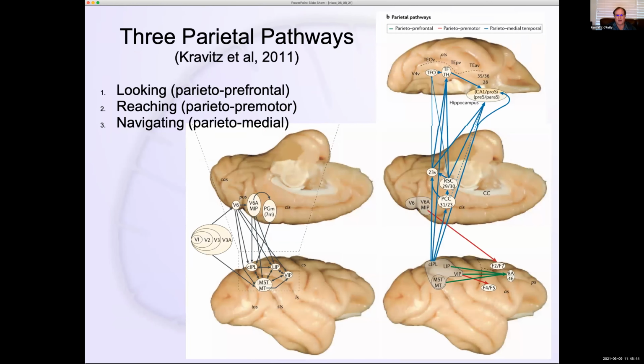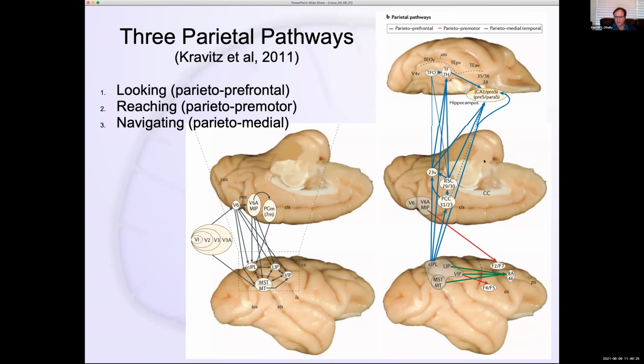Okay. And a lot of this work builds on basic anatomy of the parietal lobe pathway. This very nice paper from Kravitz et al. in 2011 articulated three different separable pathways through the parietal lobe. One that's focused on looking, that goes into the frontal eye fields, up here in green. Another one that really is important for reaching and peripersonal space, highlighted in red, going up here to these other motor control areas between parietal and frontal areas.